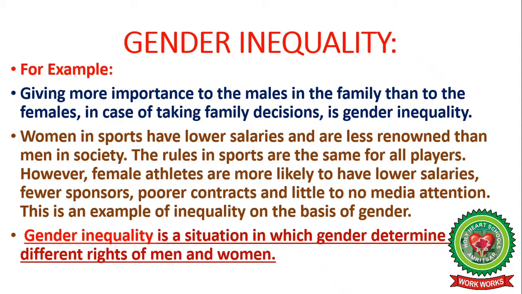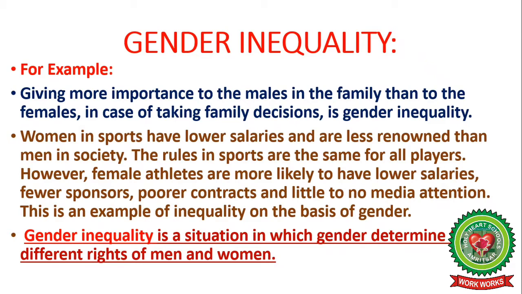Like at the national level, in sports also we find gender inequality. Women in sports have lower salaries and are less renowned than men in society. The rules in sports are the same for all players.